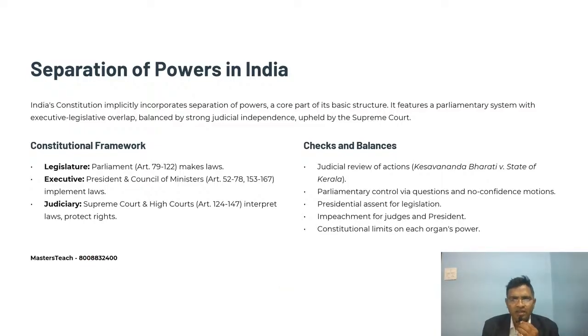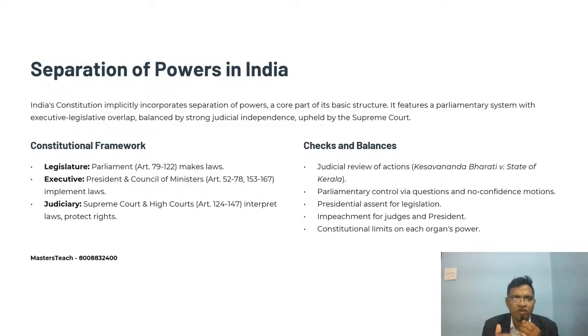Then parliamentary control via questions and no confidence motion in the parliament, where the opposition asks questions and sometimes a no confidence motion is moved. Then parliament can impeach judges and the president. So there is a constitutional limit on each organ's power. These are interrelated and interconnected for the welfare of the people.